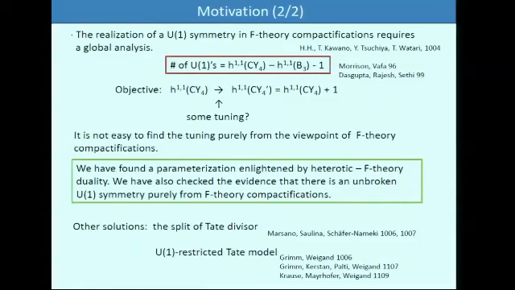In F-theory compactification, U(1) symmetry requires a global analysis, and the number of U(1) symmetries is counted by this kind of formula. If we have non-abelian gauge symmetry in the low energy effective field theory in 4 dimensions, we have some non-abelian singularity in the Calabi-Yau fourfold.